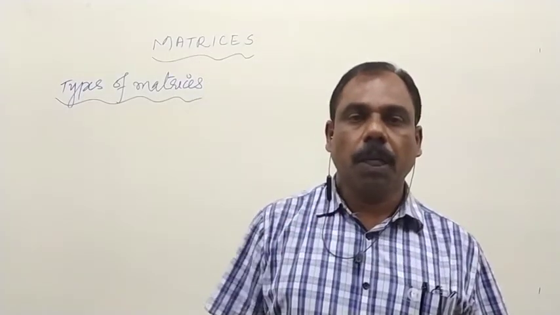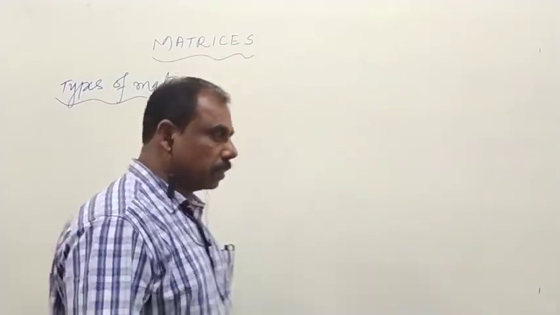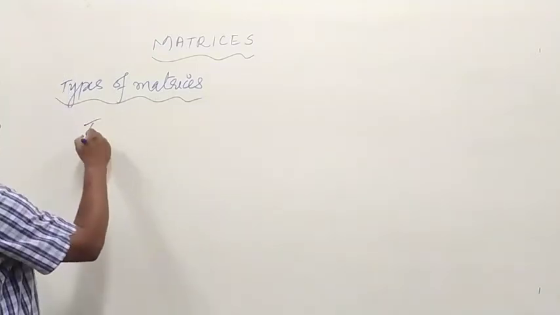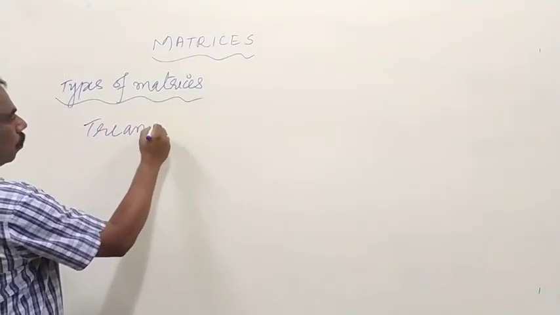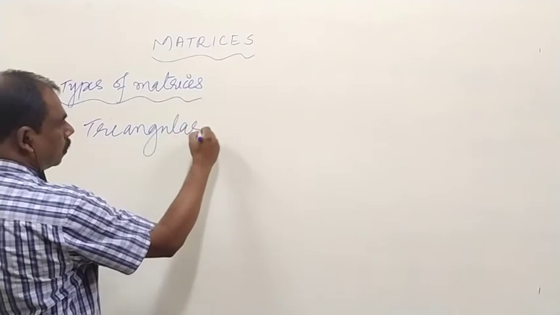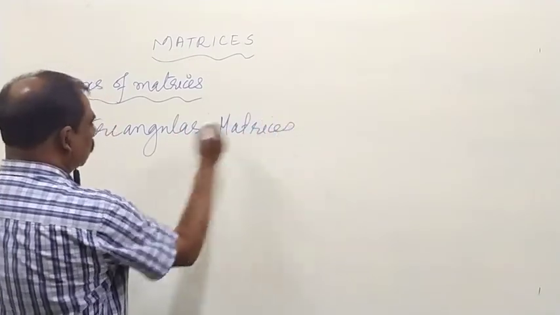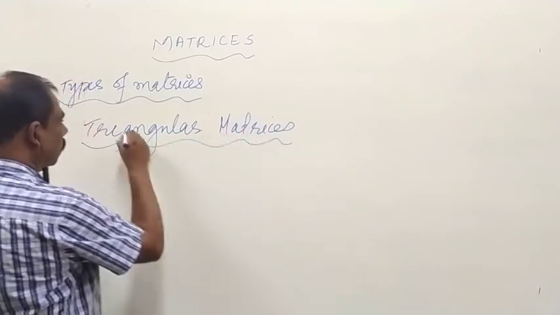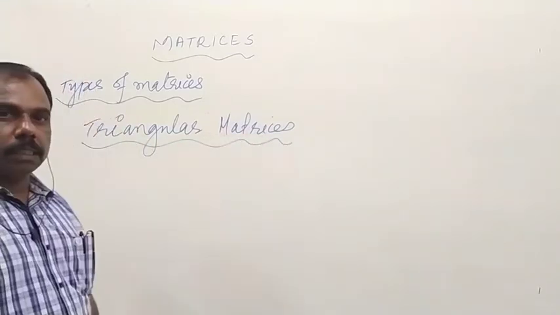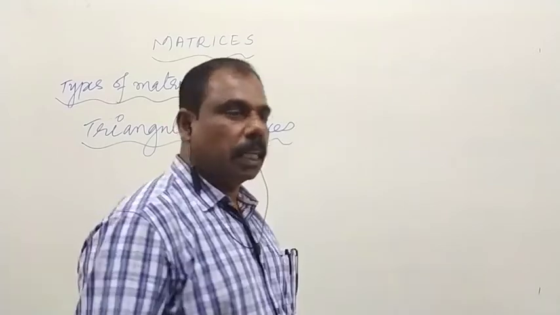Now, we look at another type of matrix that is known as the triangular matrix or triangular matrices. In these triangular matrices, we have got another two types.